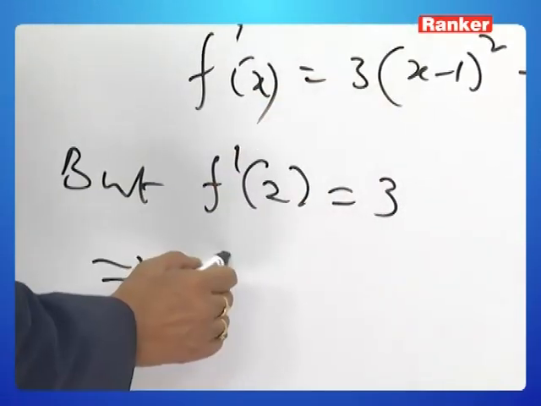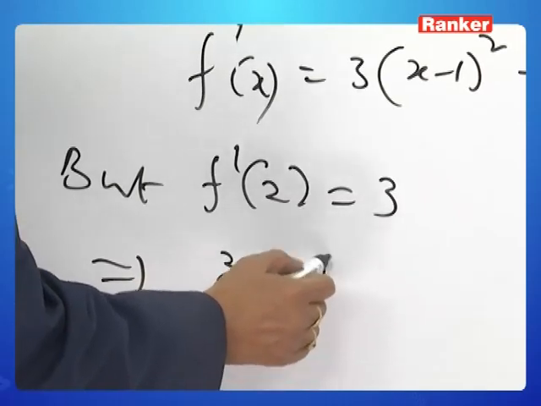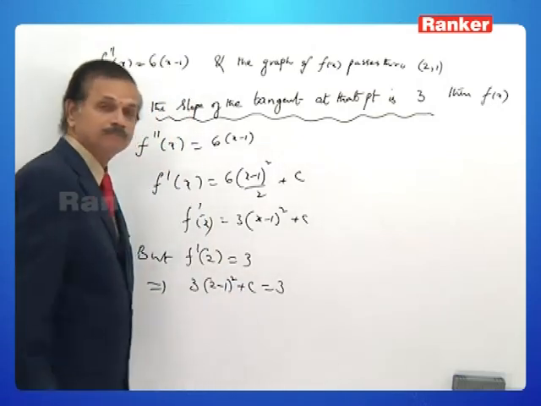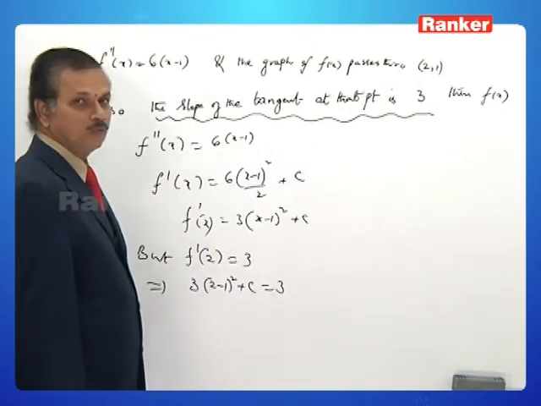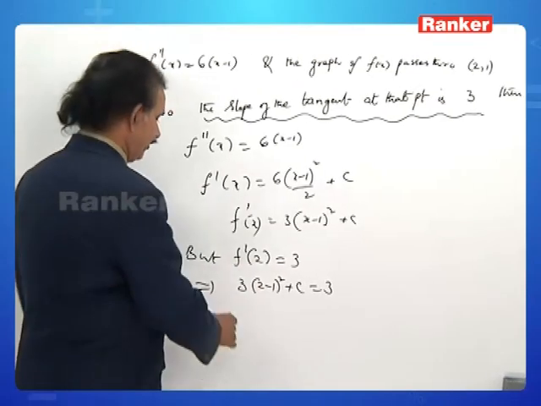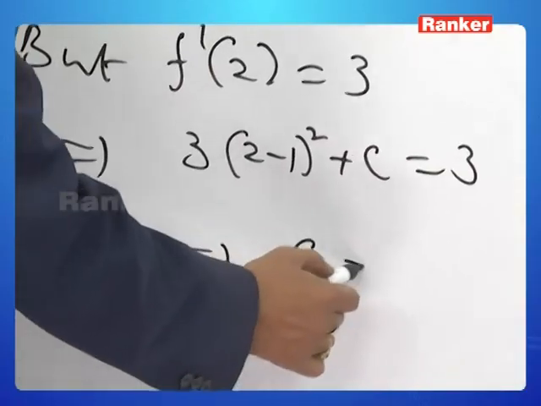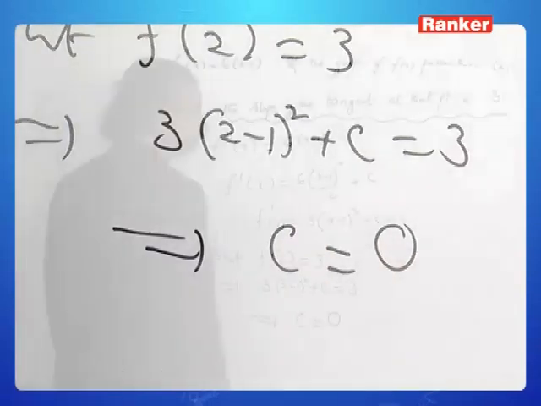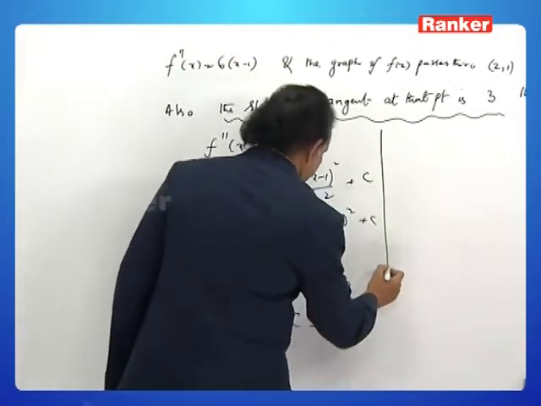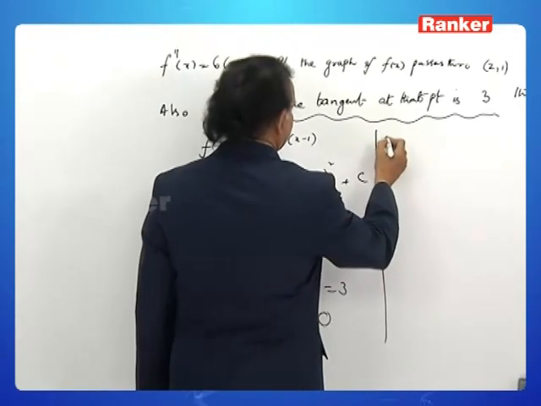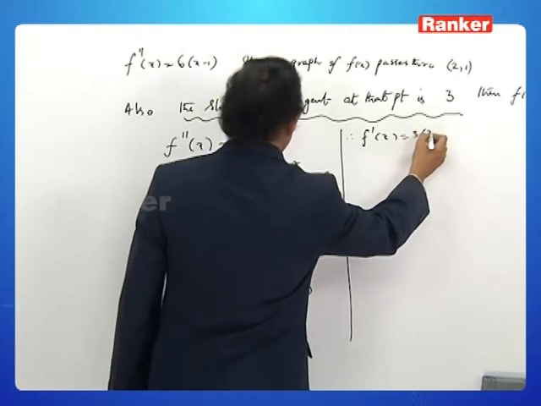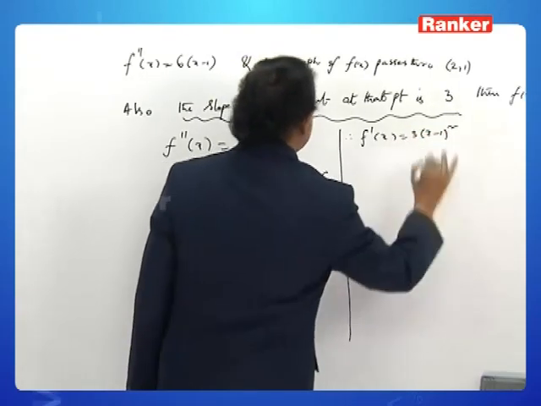Implies 3 into 2 minus 1 whole square plus c is equal to 3. What is 2 minus 1? 1. 1 square is 1. 3 ones are 3. 3 and 3 go away, leaving you c is equal to how much? 0. Okay, c is 0. We could have got it. Therefore, f dash x is equal to 3 into x minus 1 whole square. That's all.